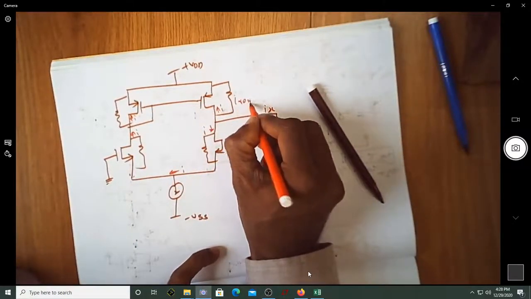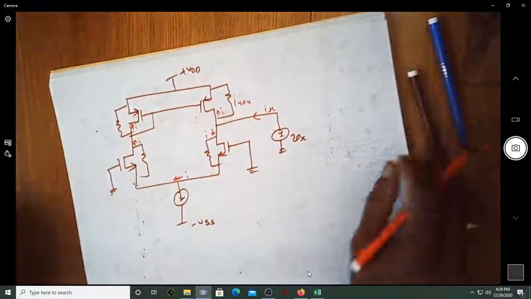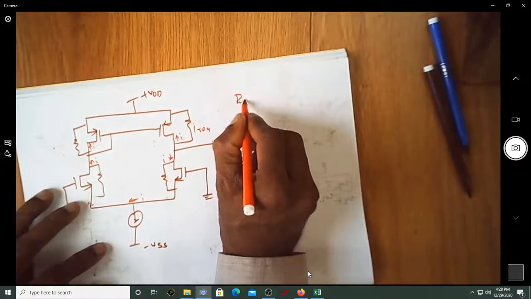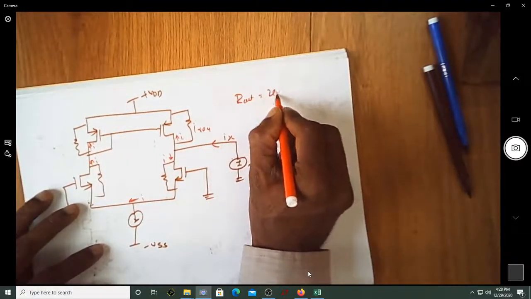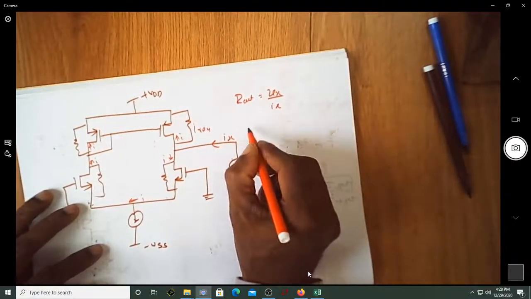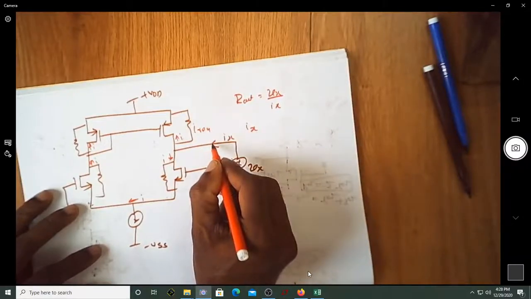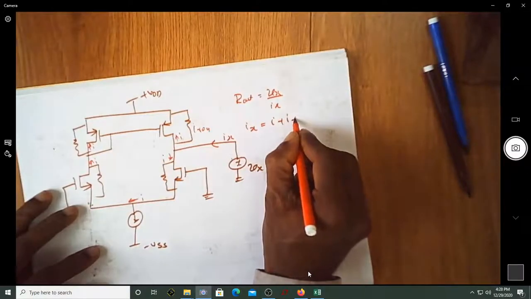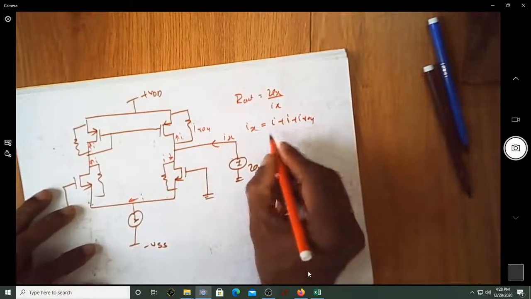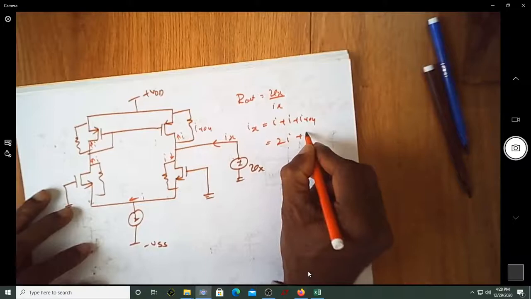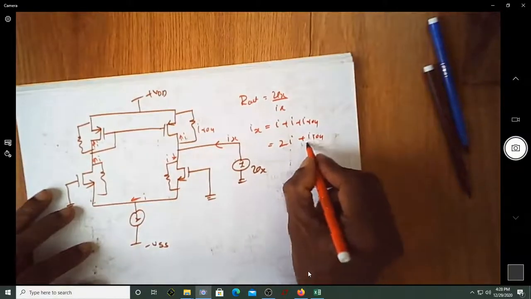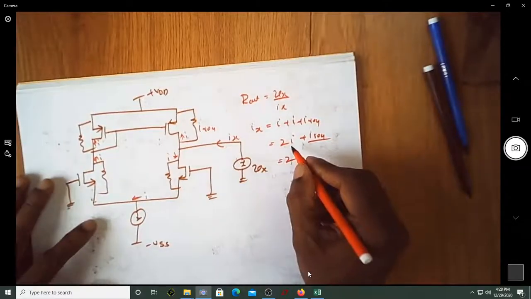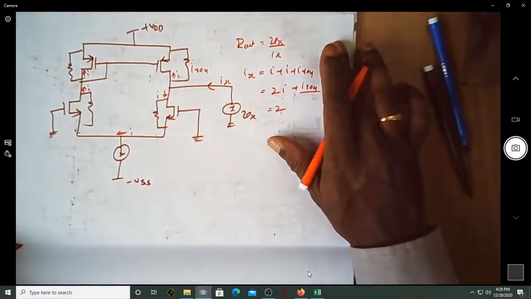This is IR not 4, of course when you consider the AC ground. So we are looking at R out is equal to Vx by Ix, so that I can write Ix, which is the current entering, is equal to current leaving, which is I plus IR not 4, which is equal to 2 times I plus IR not 4. We know what is IR not 4 is, so IR not 4 is nothing but it is 2 times. We actually found what is the value of I now.